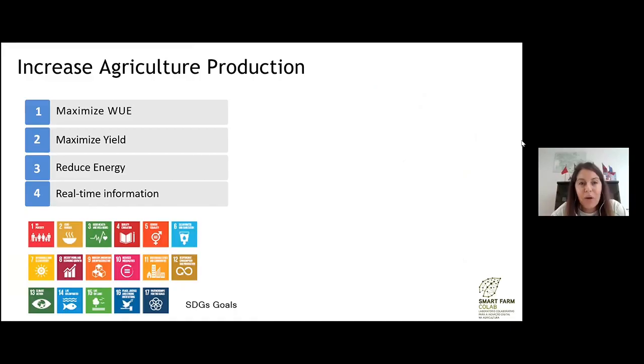So we know that we need to increase agriculture production because the population is increasing, but we also need to take care in the way that we produce currently.